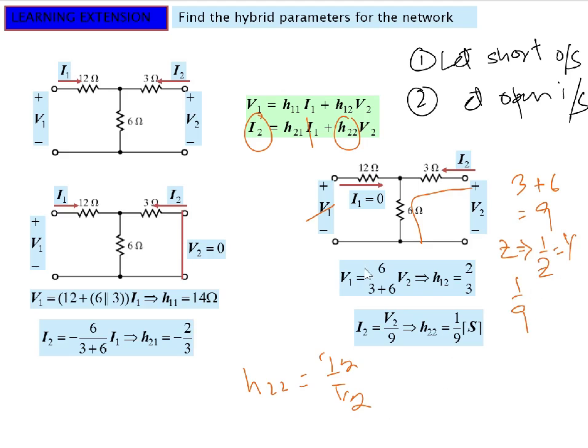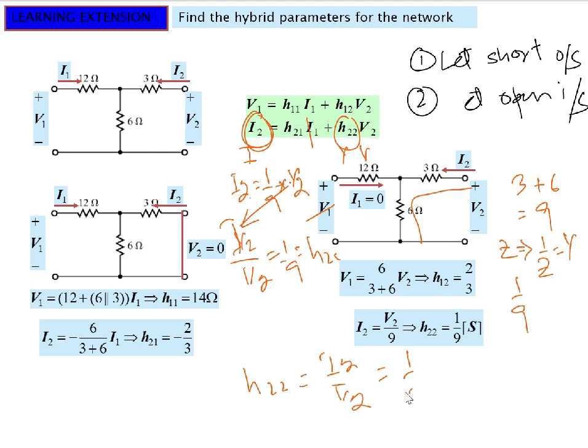Also, if we check this equation, I is equal to YV, so I2 is equal to 1 by 9 times V2. So by moving V2 under I2, I2 over V2 is equal to 1 over 9, which is H22.